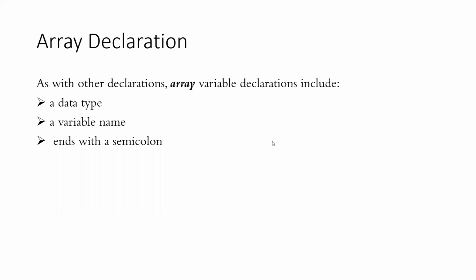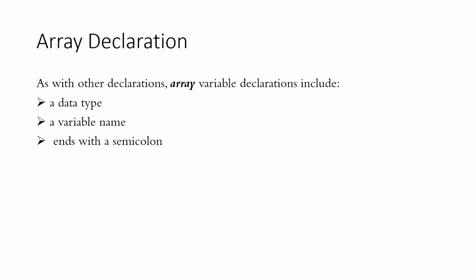So for the previous video, we have discussed what an array is and what the purpose of an array is. As with other variable declarations, an array also needs to be declared. In a variable declaration, what we need is the array's data type.